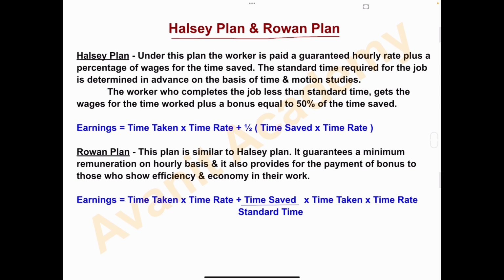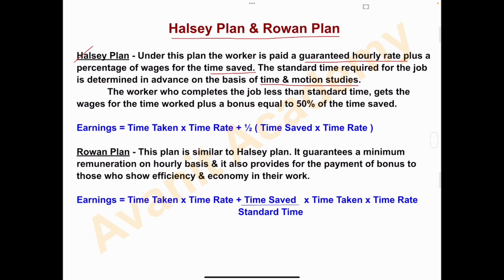Let's understand the Halsey plan and Rowan plan. Halsey plan. Under this plan, the worker is paid a guaranteed hourly rate plus a percentage of wages for time saved. The standard time required for the job is determined in advance on the basis of time and motion studies.